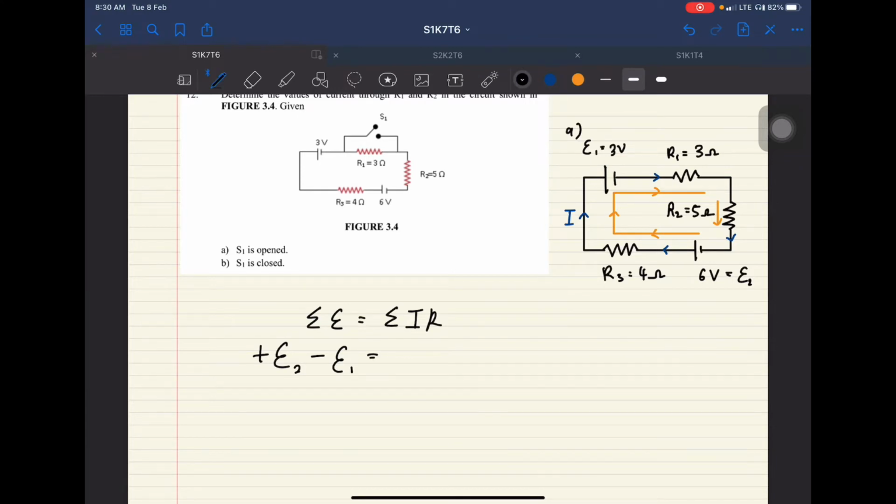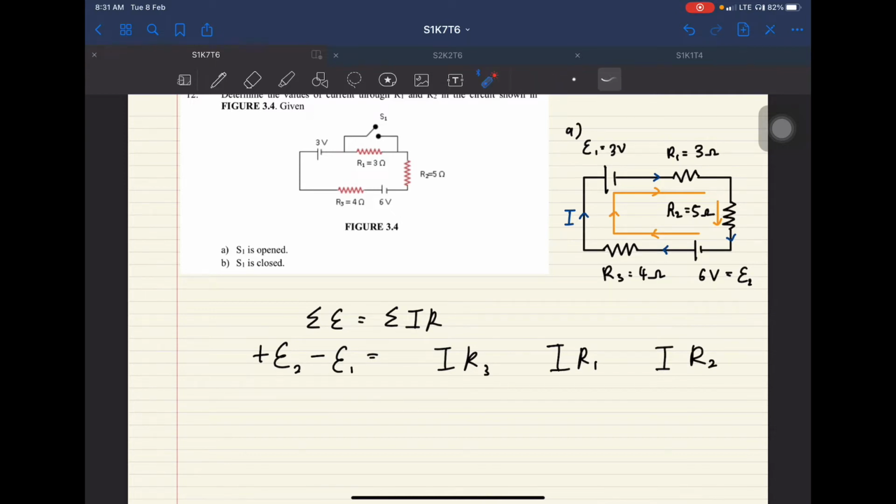Okay, now you want to determine the right hand side. On the right hand side you have 3 resistors. Again, you can start from here if you want. You have R3, which corresponds to I, R1, again the same current, and R2 that has the same current. Normally I will just put everything there first: I R3, I R1 and I R2, and then I determine the sign convention, whether it is positive or negative.